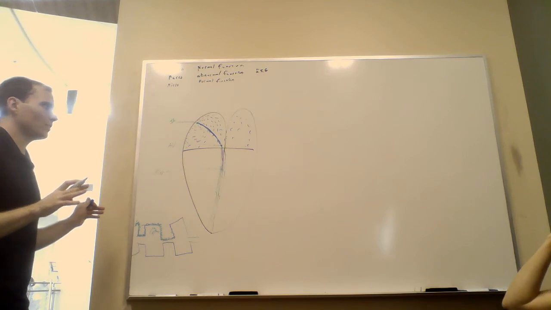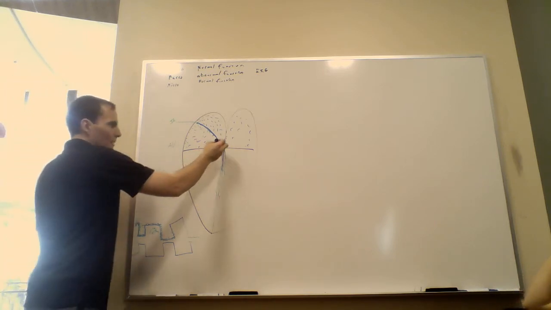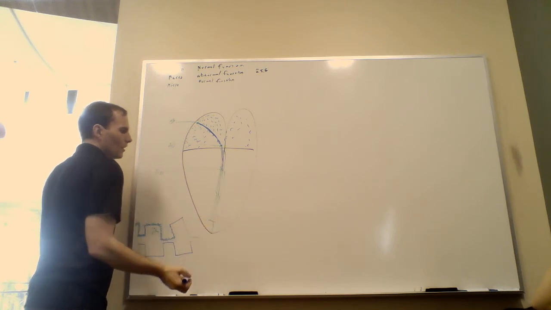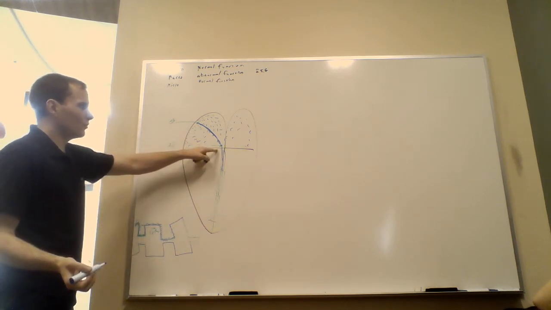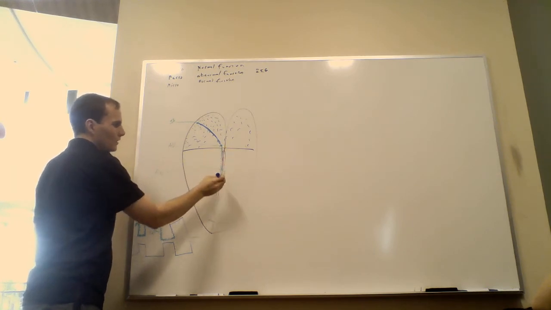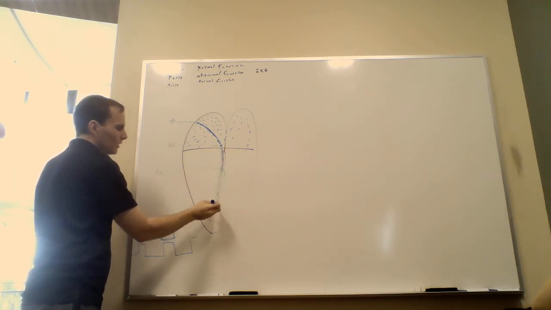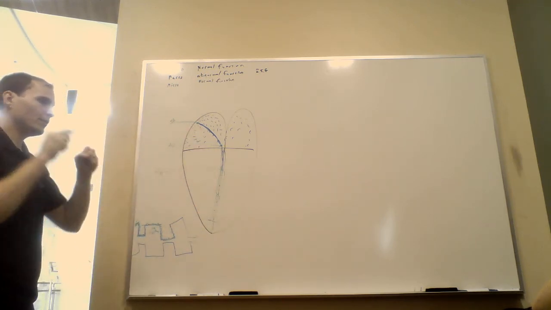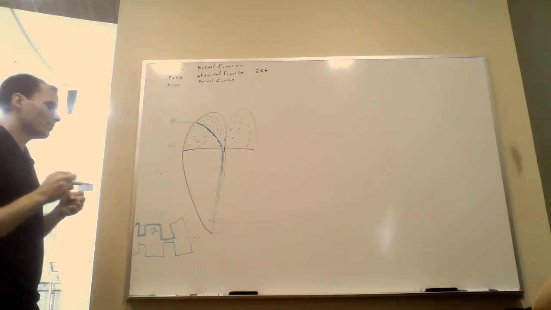The AV node doesn't do anything particularly special, except that at the beginning of the AV node, going all the way down through the bundle of His, it's going to have a very slow propagation of the potential, giving the atria as much time as they need to squeeze and wring out the blood that's up there.